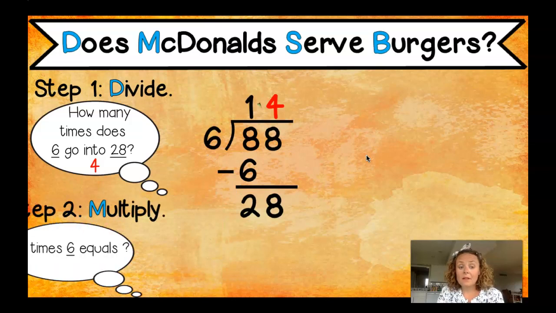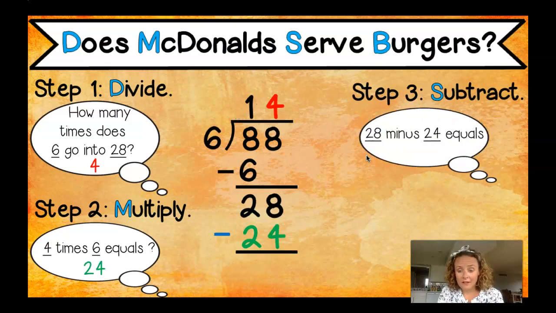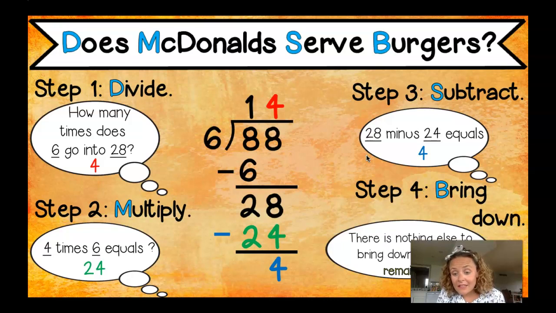What's the next step? Multiply. 4 times 6 is 24. Okay, next step, subtract: divide, multiply, subtract. 28 minus 24, we're looking at 4. Final step, bring down. But in this case, there's nothing to bring down. So we are done, but we have a what?